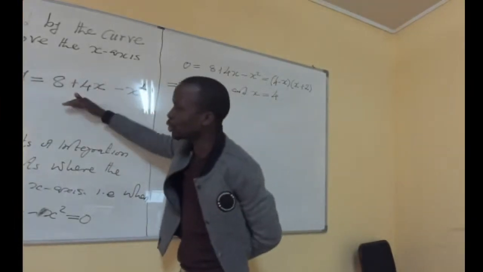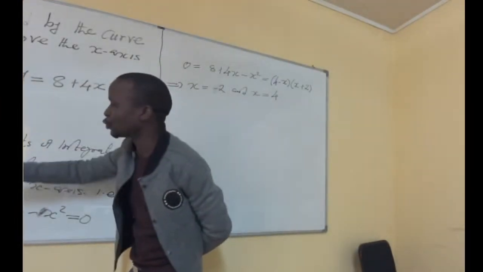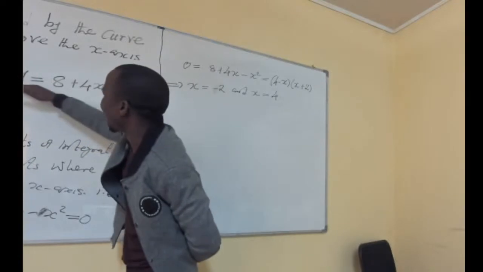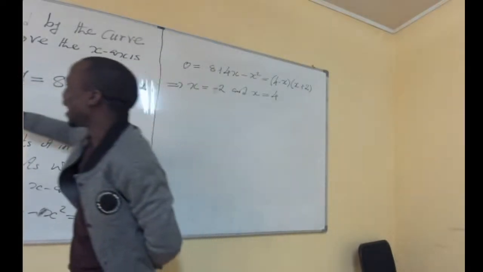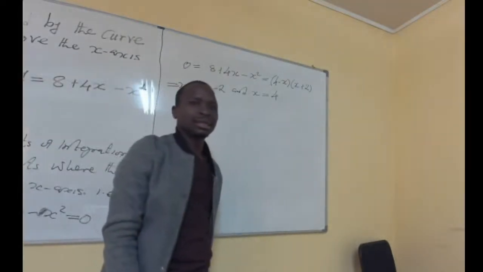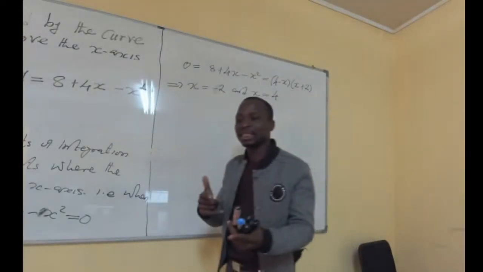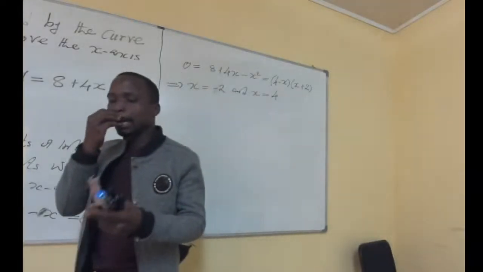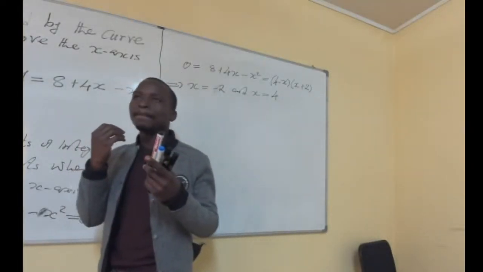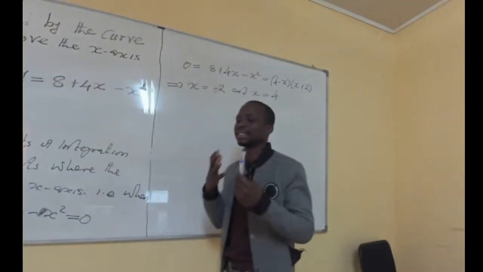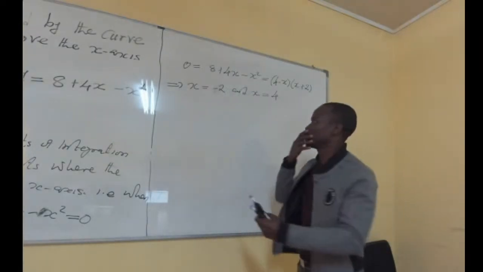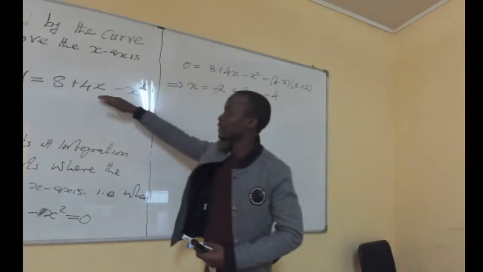They did not show you the limits of integration, but they just told you the area bounded by this region and the x-axis. Now, if you wanted to sketch, I think in first semester you did quadratic functions, and you were sketching quadratic functions.